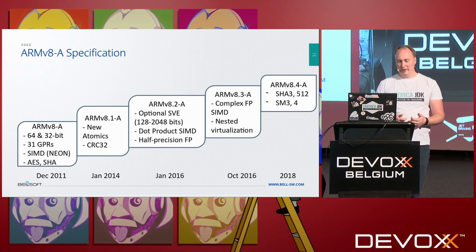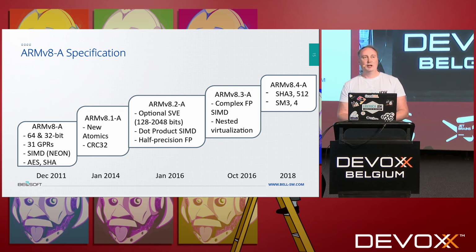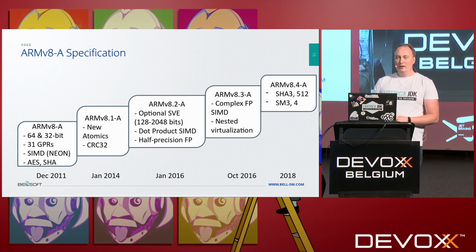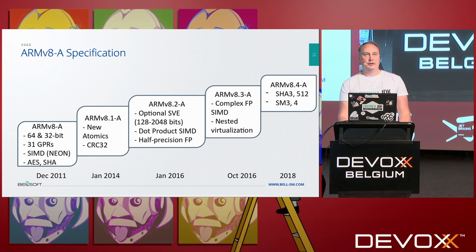The vector extension is called SVE, Scalable Vector Extension, and it allows to use vectors up to 2K length, which is very cool. And this year, it's not 2018, it's 2019, SVE2 has been announced, which is also a next step in this ladder.